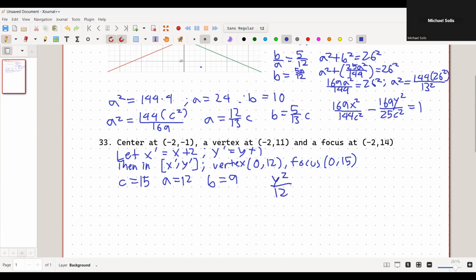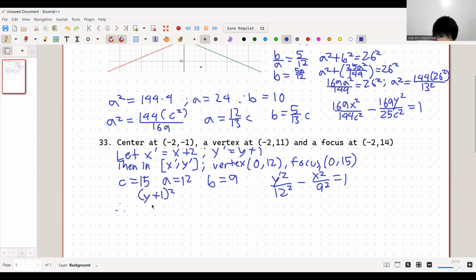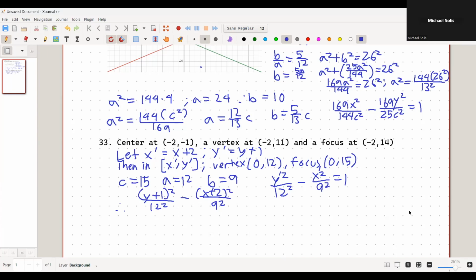So, okay, ngayon, ano yung equation in the unprimed coordinate system? In the prime coordinate system. Sa prime pa rin yan, di ba? Okay, and then, so ano yung... teka.